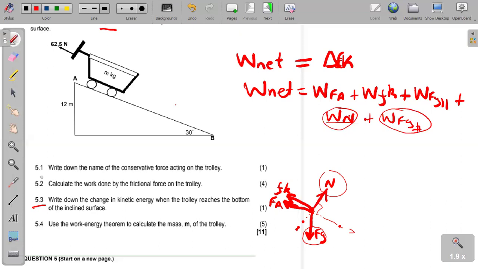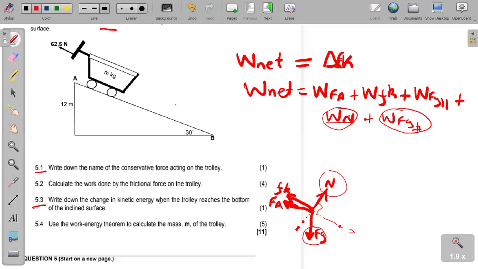What usually happens is, let's say, for example, from right now we have 5.1, 5.2, 5.3, and 5.4. Usually what examiners do when questions are being set is that the information you are gathering in the first part of the questions, where you are answering the questions on top, you might as well need it as you go down, because it also serves as hints on how to answer the questions that follow.